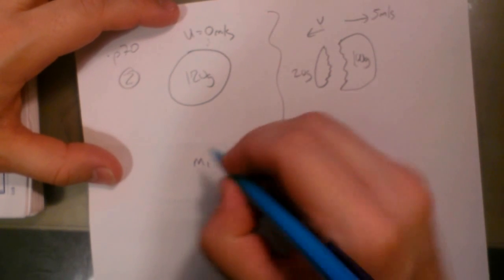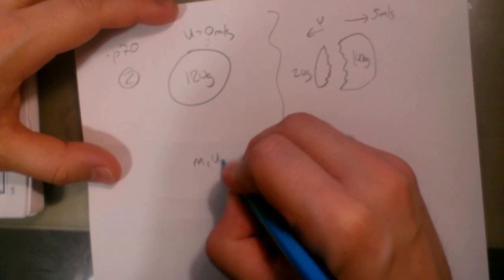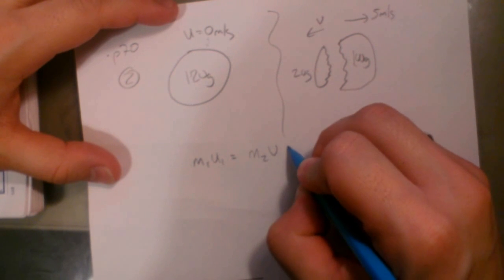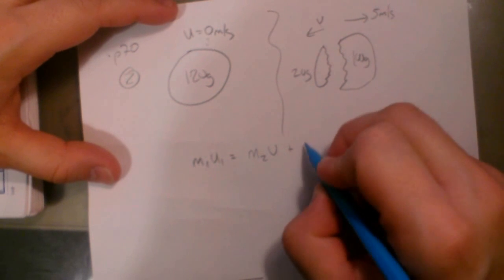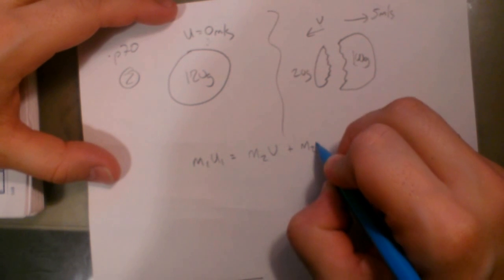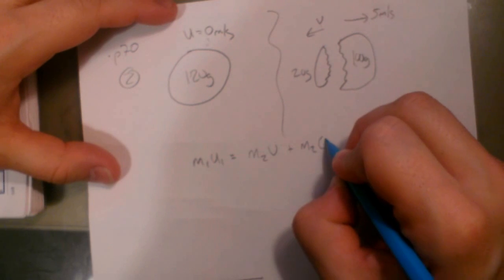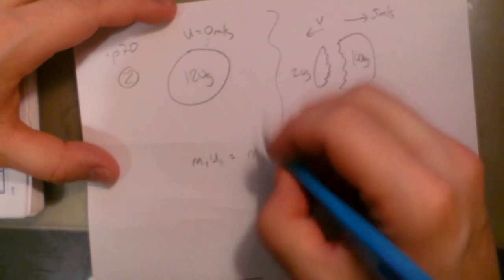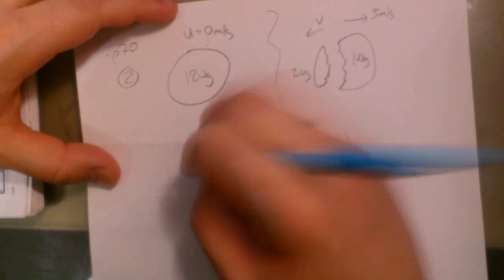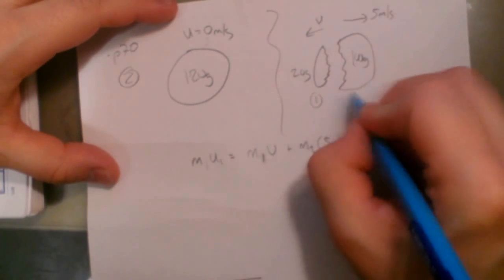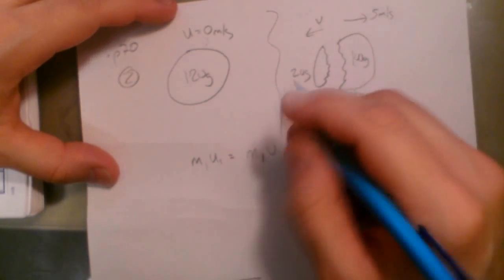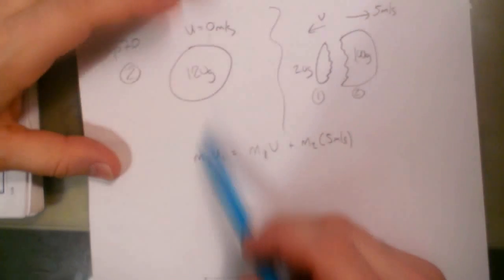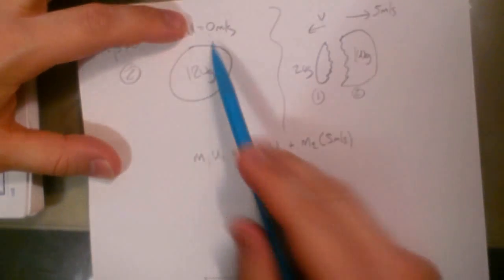And again, we use the law of conservation of momentum. All right, so the initial is the total mass, so I just call that m times the initial velocity.